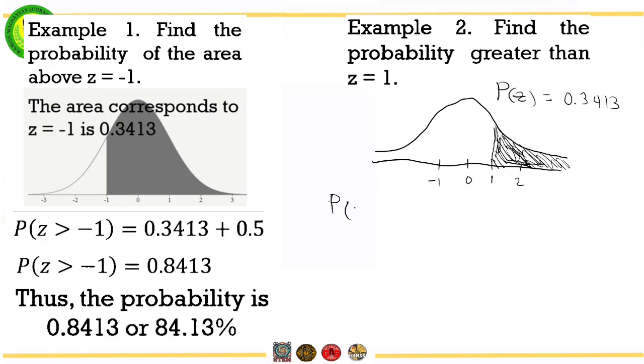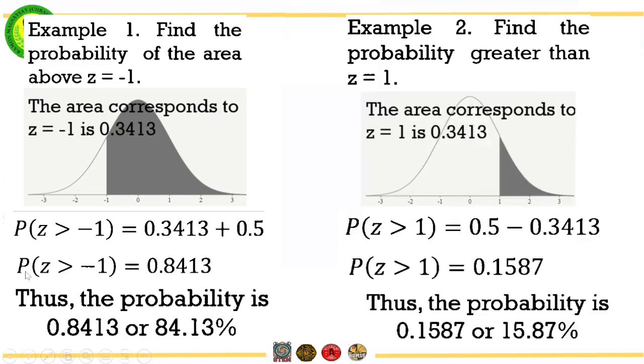The proper notation is P(z > 1). What do we do with 0.3413? Based on our illustration, the shaded area is less than 0.5, so instead of adding 0.5, we subtract: 0.5 minus 0.3413. The probability greater than z = 1 is 0.1587. Thus, the probability is 0.1587 or 15.87%.